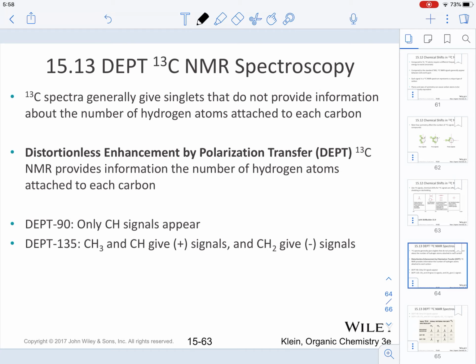Then the third stage will be a DEPT 135 experiment, using conditions specific to that type of experiment. You are going to be looking at the CH3 and the CH, and those are going to show positive signals, which we will see in the following slide. And if you have a CH2 signal, that is going to be shown as negative. Let's see how this is illustrated.